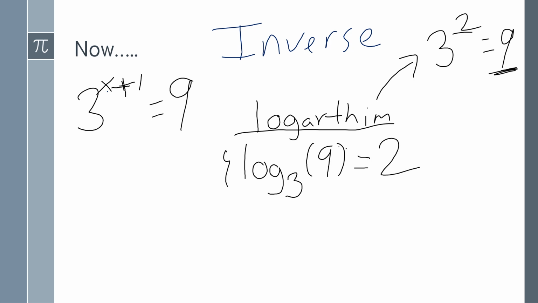Okay? So let's try another example. If I have log with base 2 and 8, I'm asking you with a base of 2 and my answer being 8: how many 2's did it take for me to get to 8?